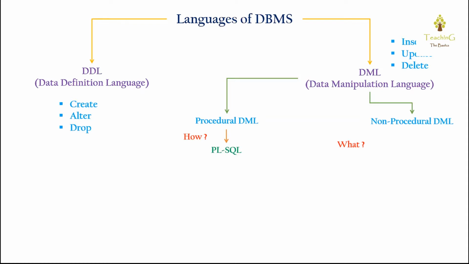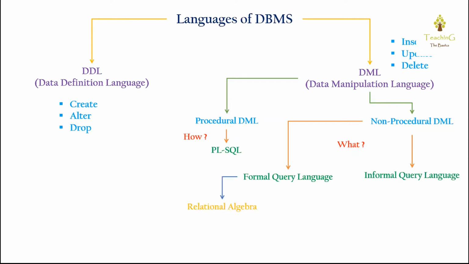Now non-procedural DML can also be subdivided into two categories. The first one is formal query language and the second one is informal query language. I will be making some videos on formal query language in my future lectures, and formal query language is again subdivided into two categories: the first one is relational algebra and the second one is relational calculus.